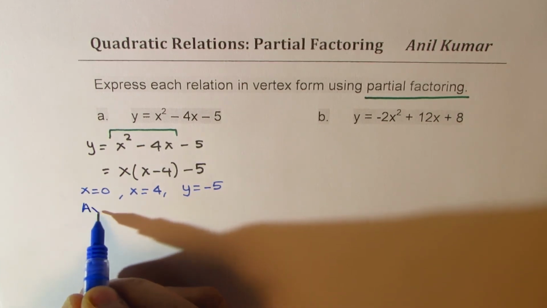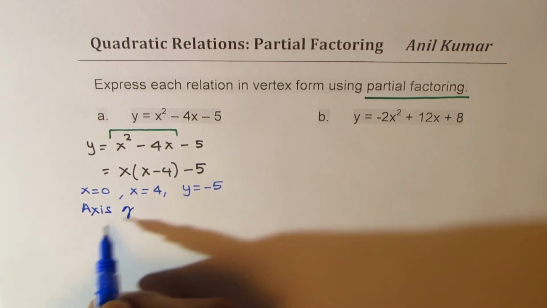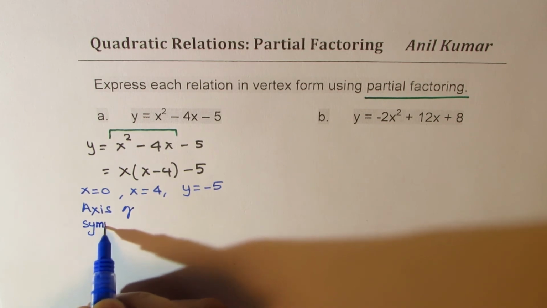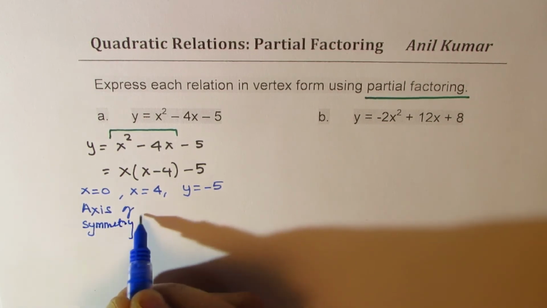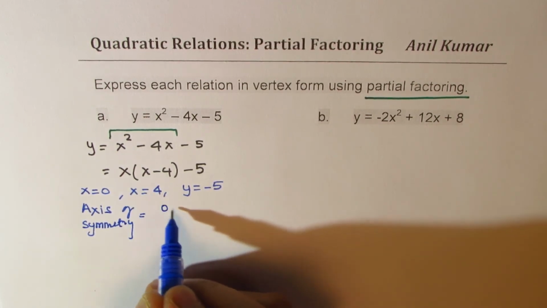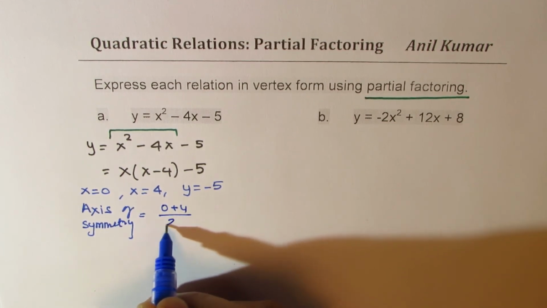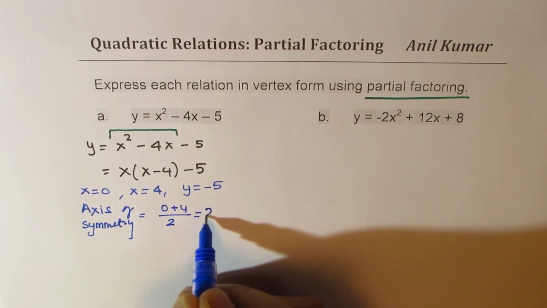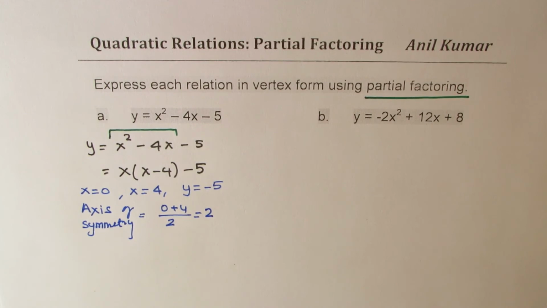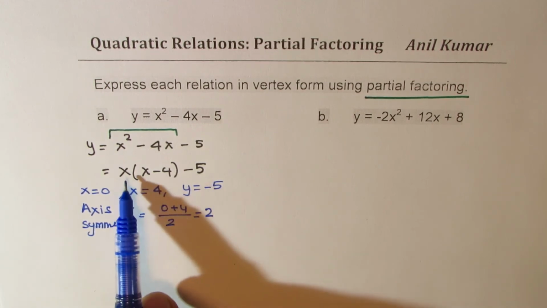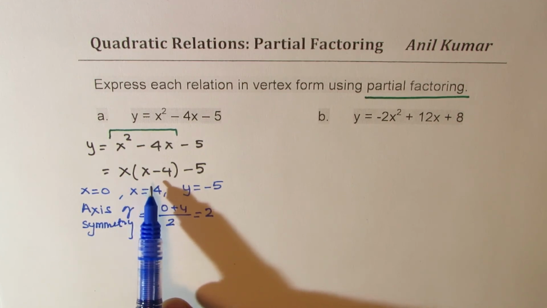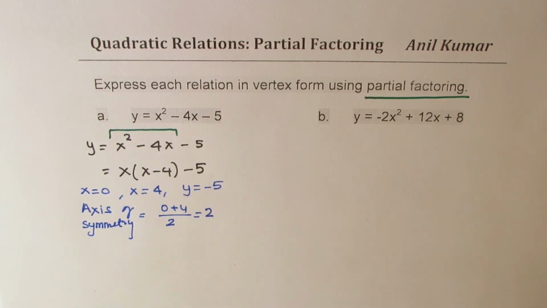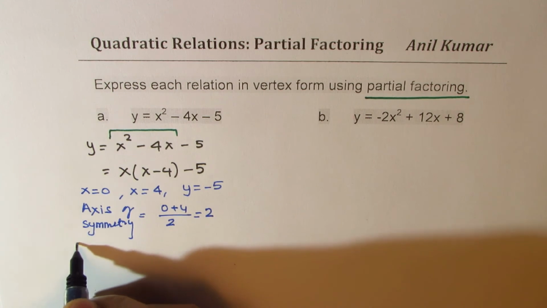So from here we get the axis of symmetry. The axis of symmetry is midway, which is 0 plus 4 divided by 2, and that gives you 2 as the axis of symmetry. Since 2 is on the axis of symmetry, placing 2 in our equation will give us the vertex, right?